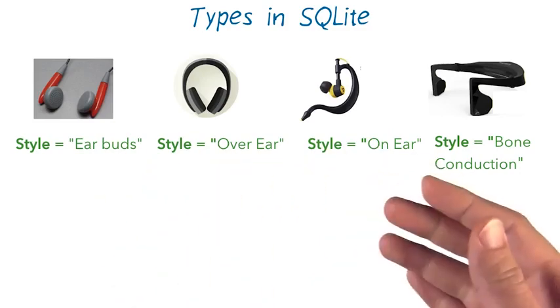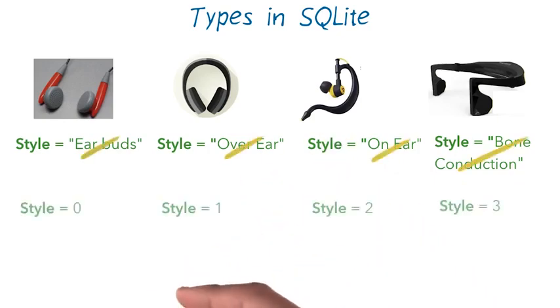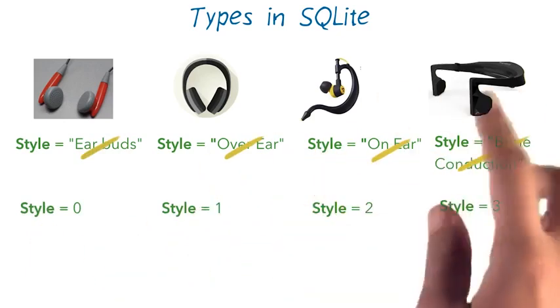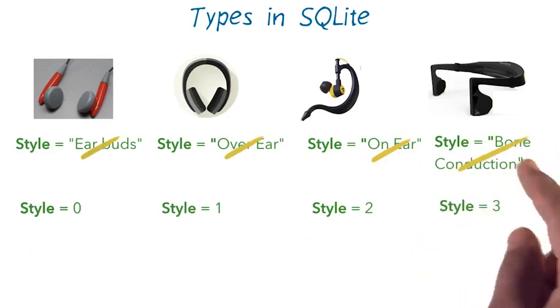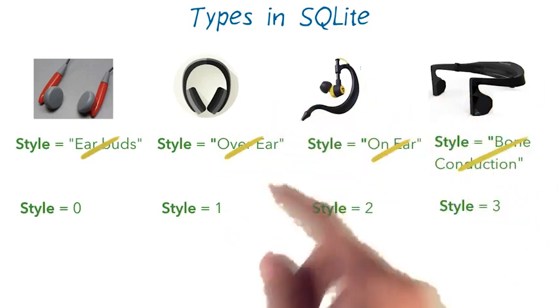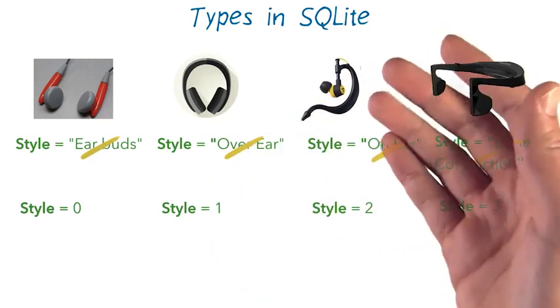Now a simpler way would just be to associate a number with each of these, and storing that number in the styles attribute. So first of all, storing a single digit takes up way less space than an entire word like bone conduction. And secondly, a long string of text can be less precise. For example, if we imagine people typing in on-ear or over-ear, it's possible they could misspell that entry.